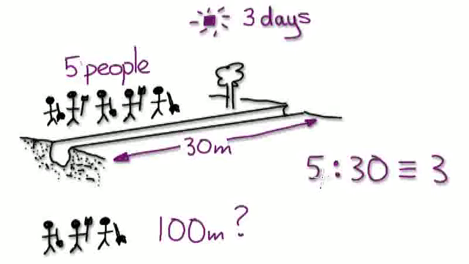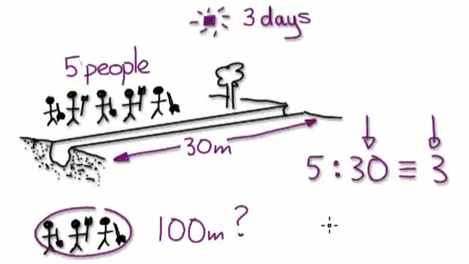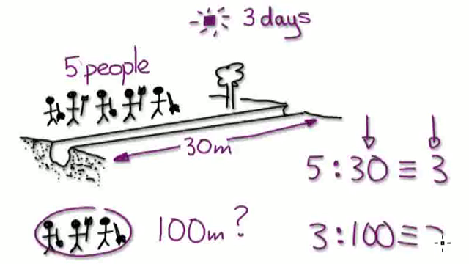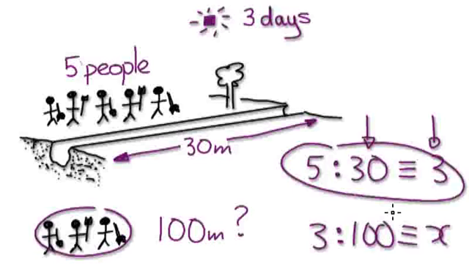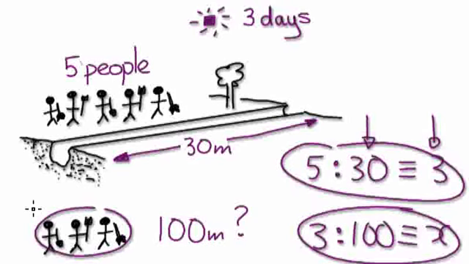Now, if it takes 5 people 3 days to dig 30 meters, you somehow want to get to 3 people, and you want to get to 100, and your X is really here. So somehow you got to use reasoning to get from here to here. Okay, so press pause and have a go.